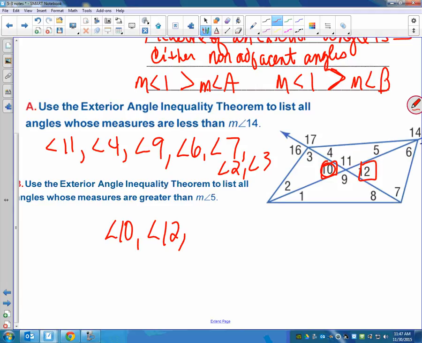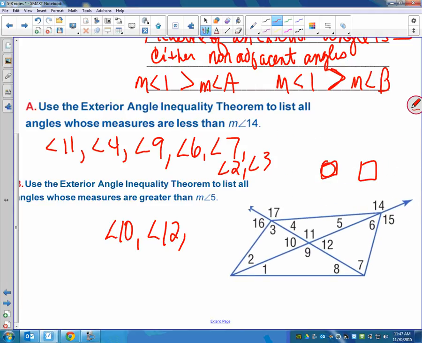What is the number of angles that's with 14? Is there another angle there? Oh, sorry. Well, then where's 13? There's no 13.